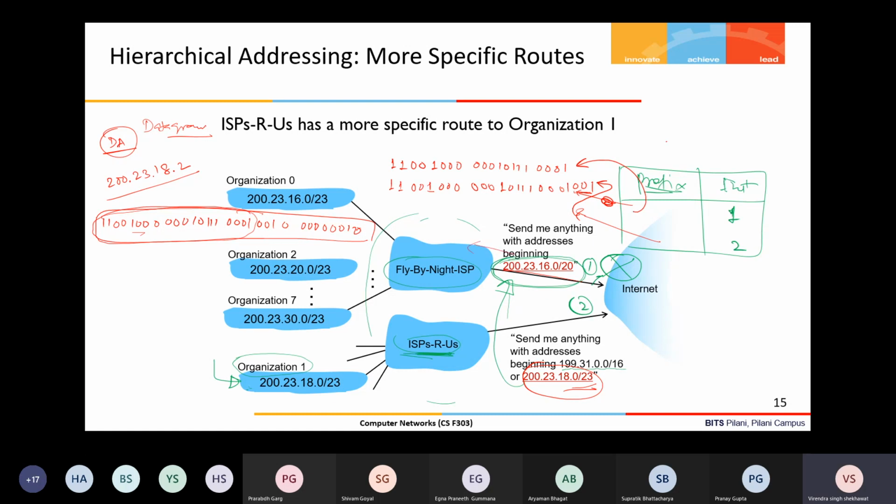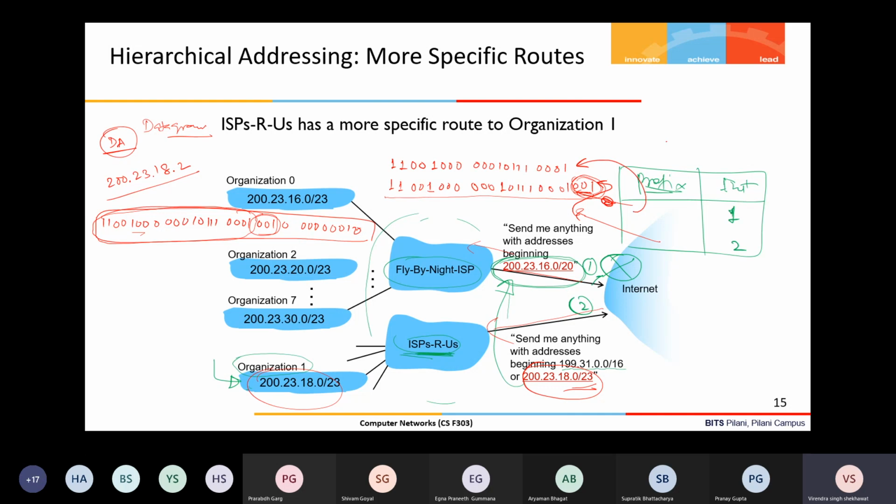That will be wrong forwarding actually, because these IP addresses cannot be routed via this path and cannot reach the destination. But there is a more specific entry, this /23. It will match up to 001, that is 20 plus 3 more bits. Using that, it will forward to interface 2, and then it will reach the destination.